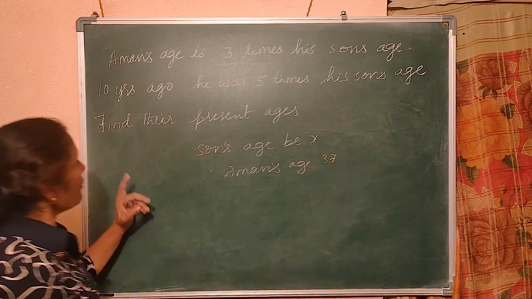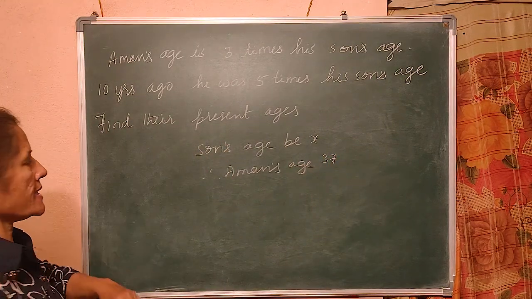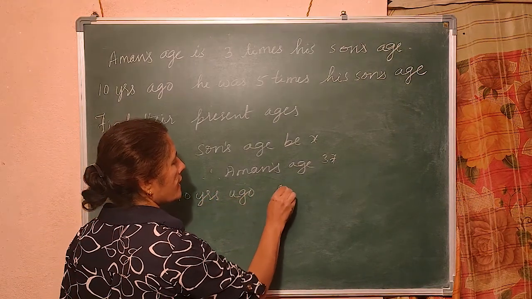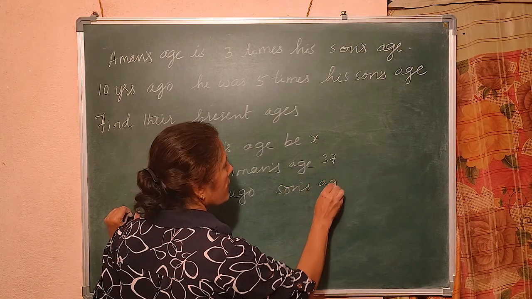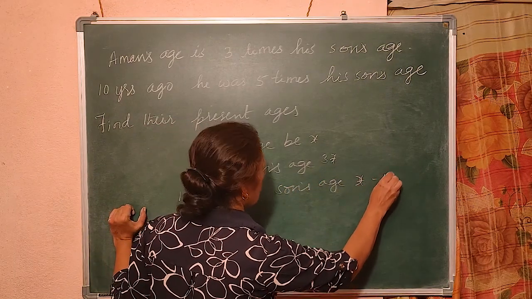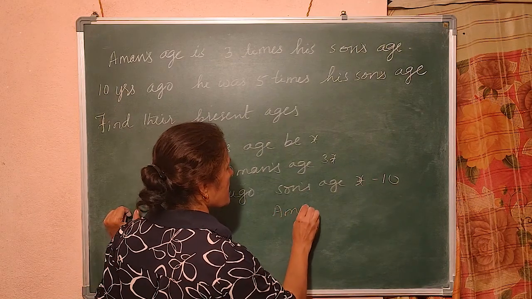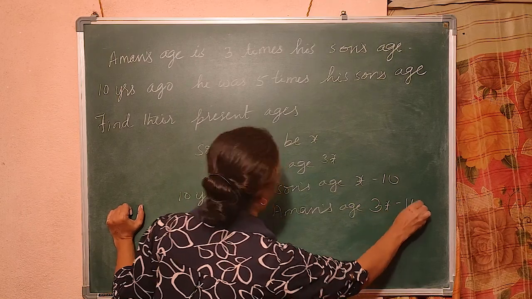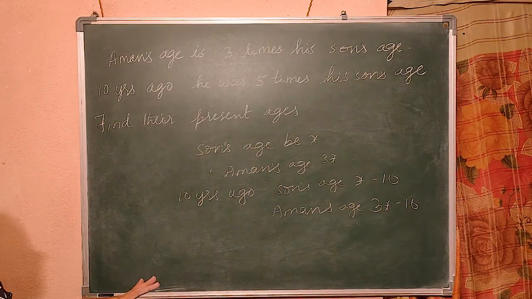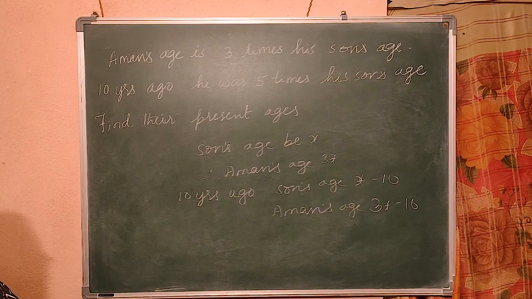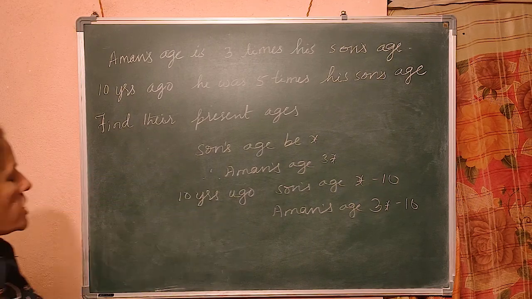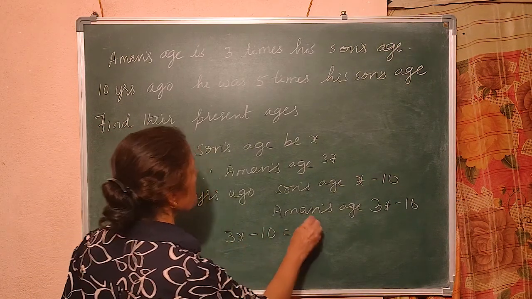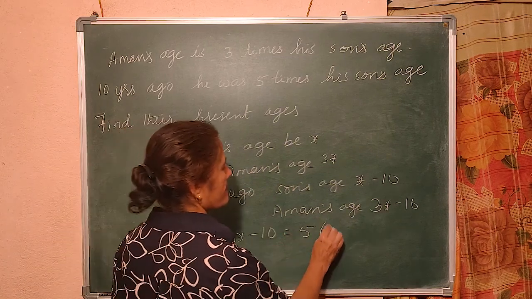Right? 10 years ago, son's age is x minus 10 and Aman's age is 3x minus 10. He was 5 times his son's age. So, 3x minus 10 is 5 times x minus 10.